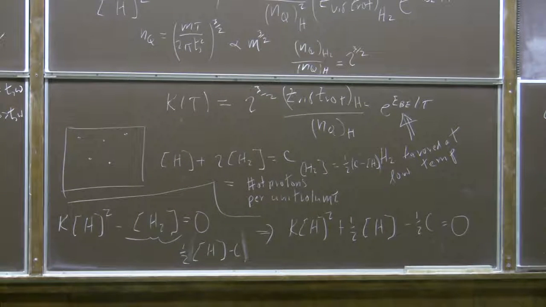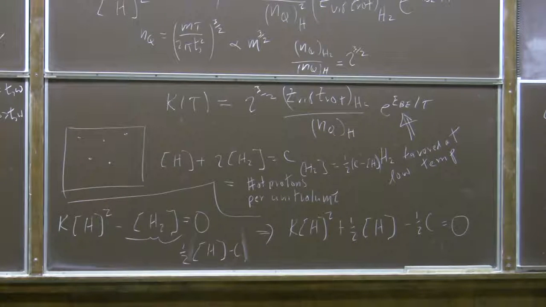Or if I factor out 1/2 of both factors, I can write it as 1/4K. And then the solution that we're going to want is the one that has a positive concentration. So that'll be the square root, multiplying through here by 4, of 1 plus 8Kc minus 1 inside the parentheses.